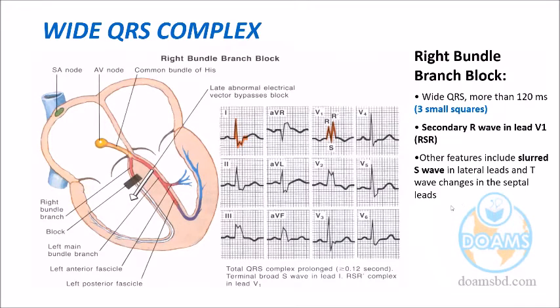I will show you the fractionation in another slide. Right. And an additional feature is the slurred S in the lateral leads, that means V5 and V6. If I mark here, this S is obviously visible to you. This S is slurred. So it is going to be W actually, not happen so.